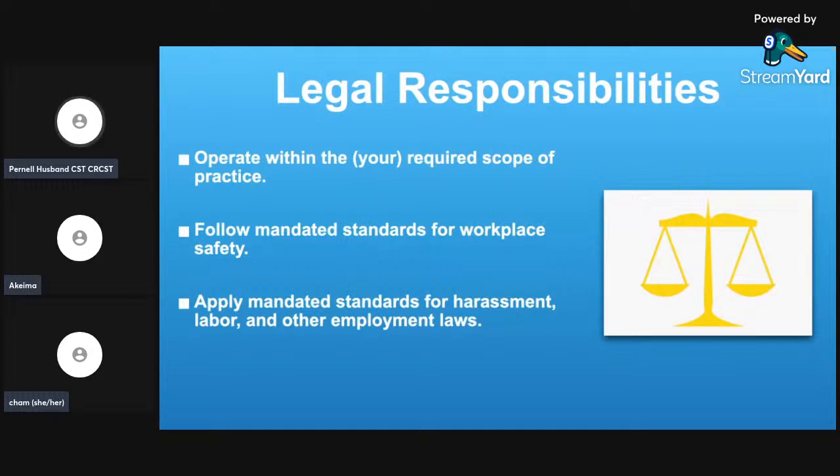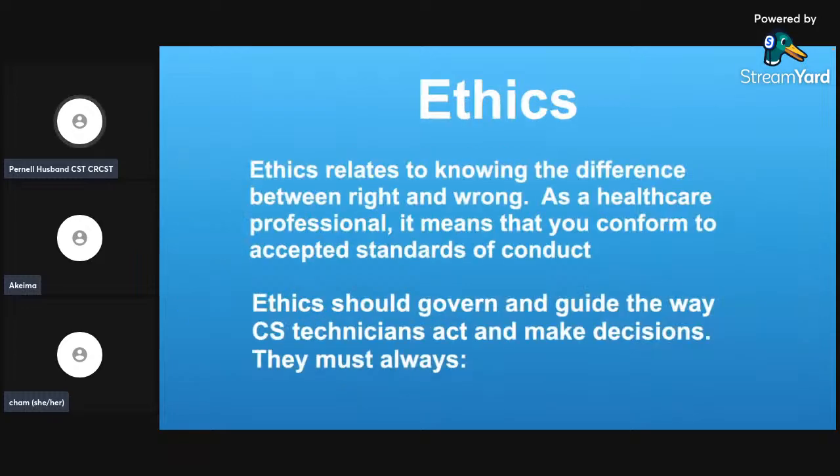Apply mandated standards for harassment, labor, and other kinds of employment laws. The legal responsibilities really are across the board, no matter where you are, critically important.